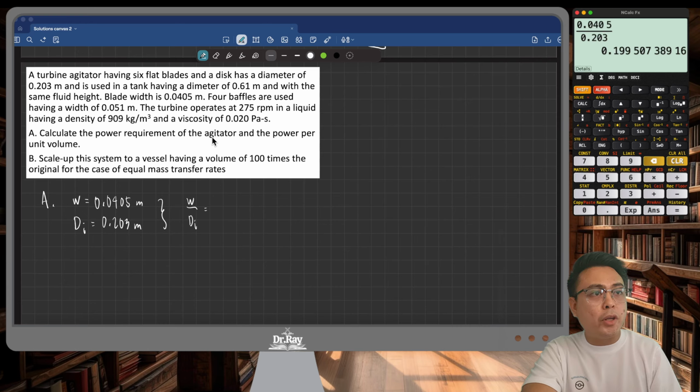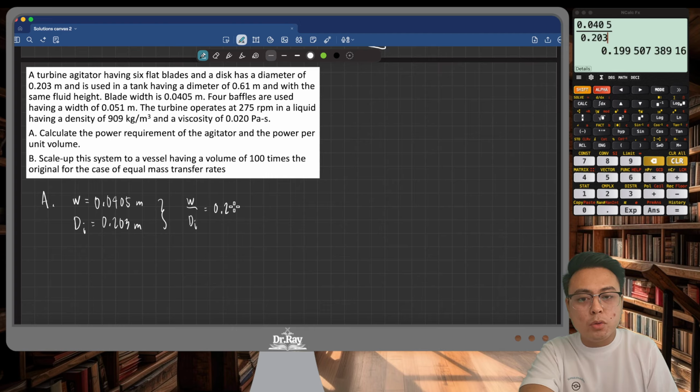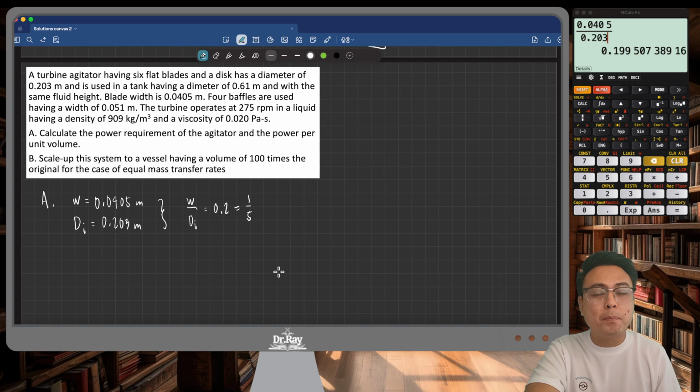This is 0.199 or this is 0.2. 0.2 is 1/5. So take a look at the description of the impeller. You have 6 flat blades in a disc, and W over D ratio is 1/5.